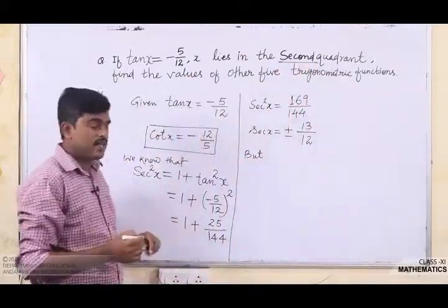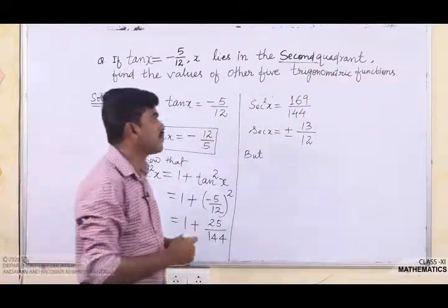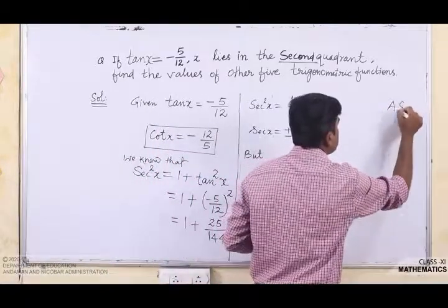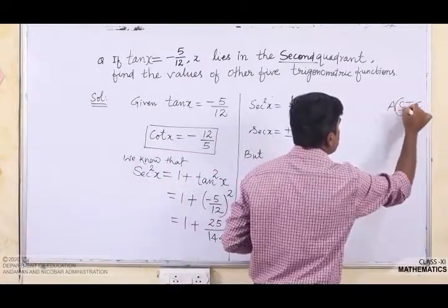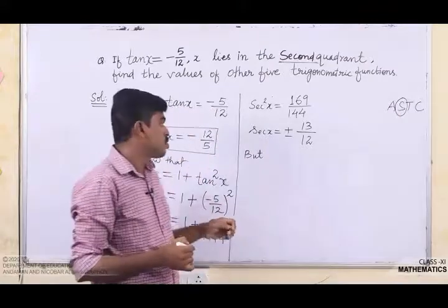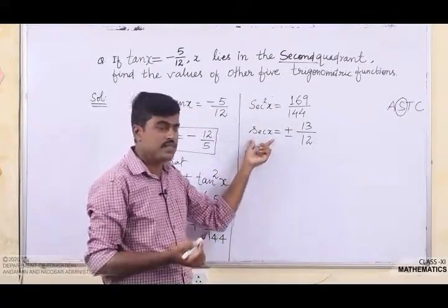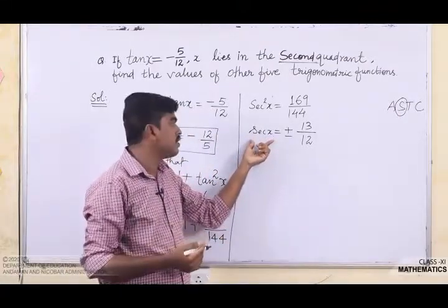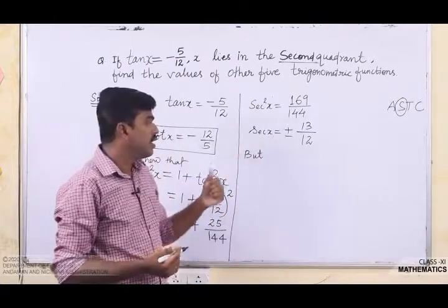So we know that in the second quadrant, what is the rule? ASTC. In the second quadrant sine is positive. So what about sec x? Cos x is negative in the second quadrant, so sec x is also negative.